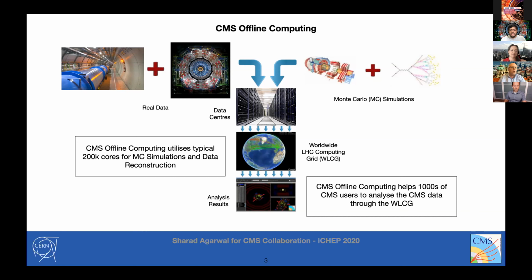These output data sets are used by different analyzers to give the final analysis results. CMS offline computing uses typically 200K cores for Monte Carlo simulations and data reconstruction, and we help more than thousands of CMS users analyze the CMS data through the WLCG.